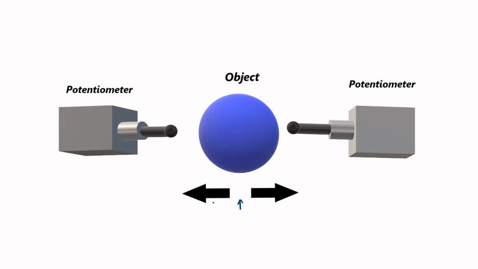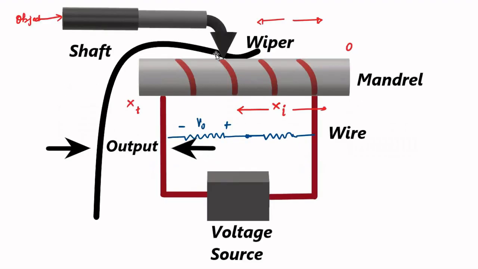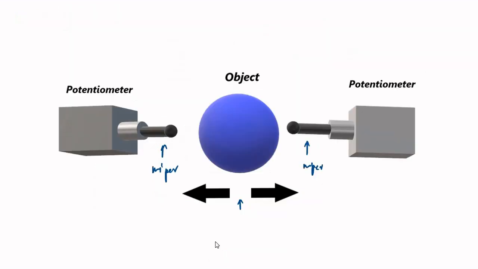We can place two potentiometric sensors on either end, and whenever the object strikes the wiper, the movable arm in the shaft and wiper arrangement, the wiper undergoes a change in its position and that produces a voltage signal at the output. So this is for to and fro motion, like a simple harmonic motion.